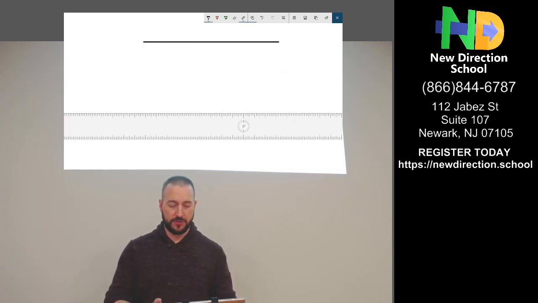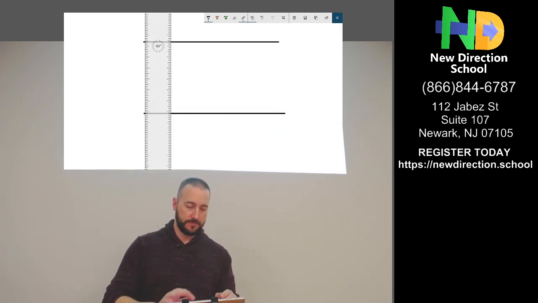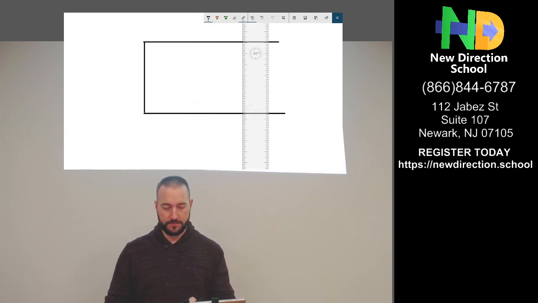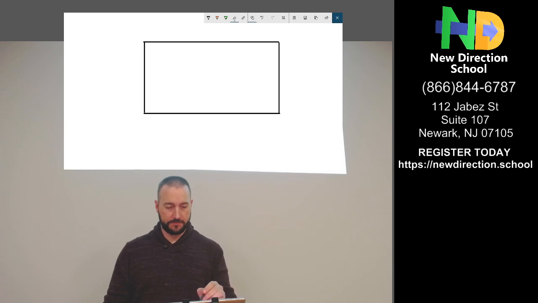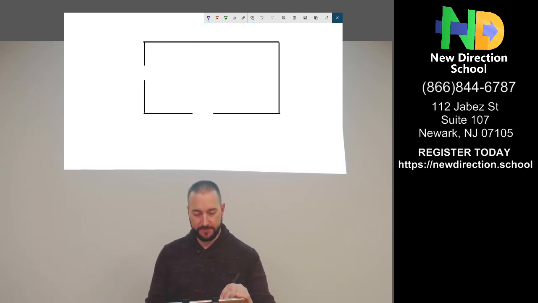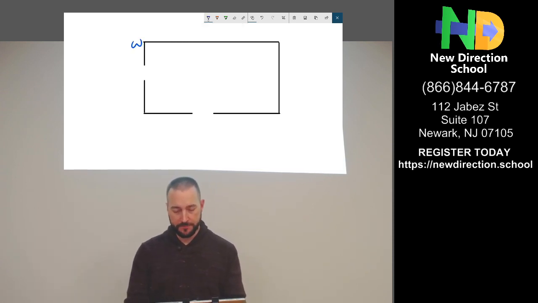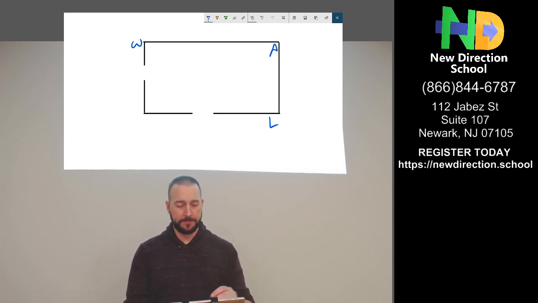So let's draw a rectangle. And this is what we have. Width, length, area.